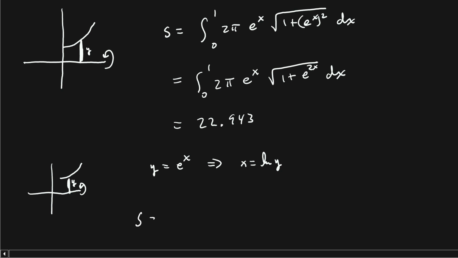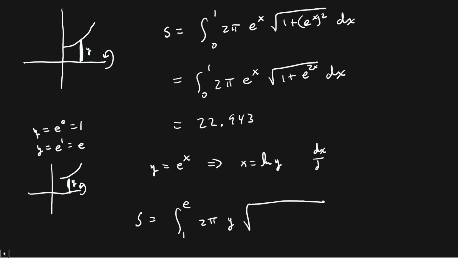So that means we're going to have S is equal to, well, we need to know what our bounds are. We've got 2 pi, and we're going from x equals 0 to x equals 1. So y equals e to the 0, which is 1, and y equals e to the 1, which is e. So we're going from 1 to e, and our radius is y times the square root. Now here we've got dx/dy, which is 1 over y.